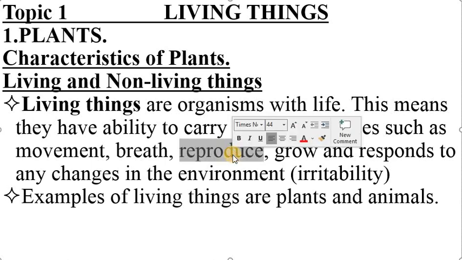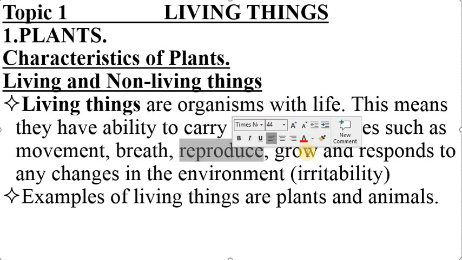So if an object is able to move, able to breathe in and out, and able to reproduce, that is a living thing. Another thing about living things is that they grow, and that is very, very important for your development. I can use you, my grade 4 learner, as my example for this one.